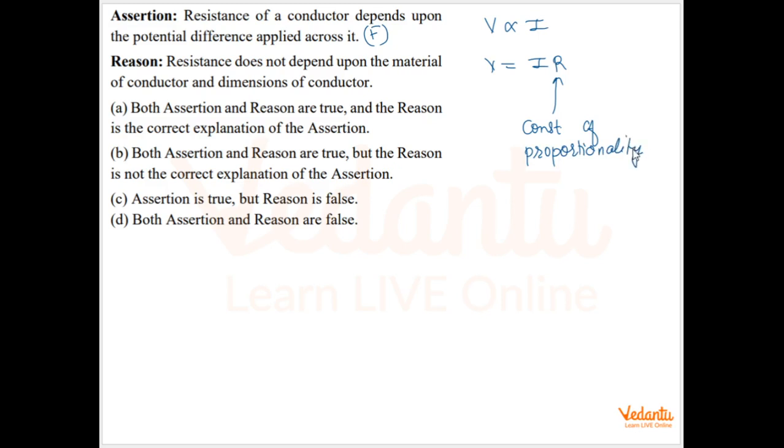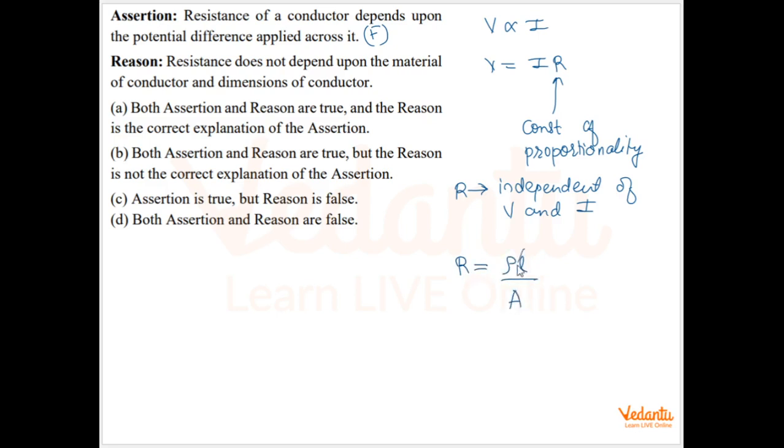Here R is the constant of proportionality. What this means is that R is independent of V and I. For that equation R is the constant of proportionality. So assertion is false. R actually depends on two things.